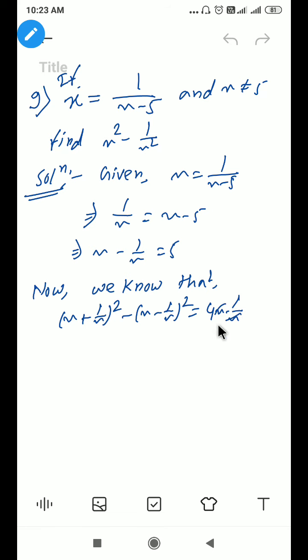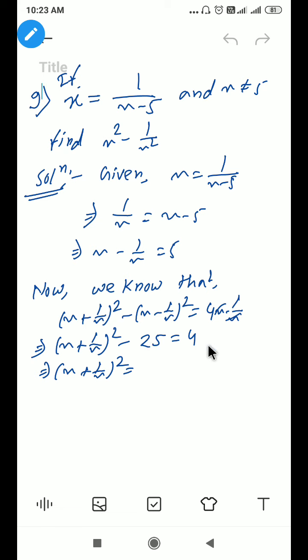So x will be cancelled out. Just put these values, because x minus 1 by x is given. 5 squared is 25, and 4 is left. Now x plus 1 by x whole square, if this goes to the other side, will be 29, and x plus 1 by x is equal to plus minus root over 29.